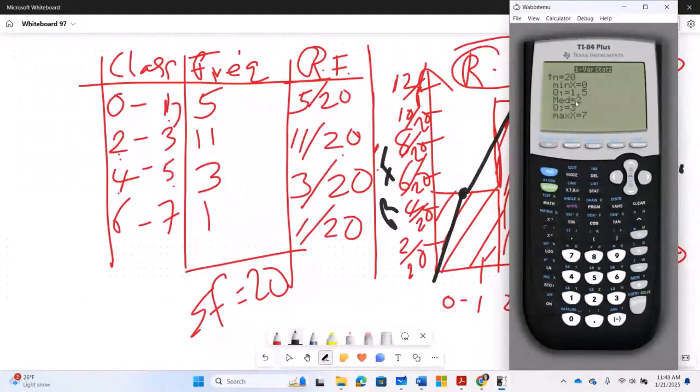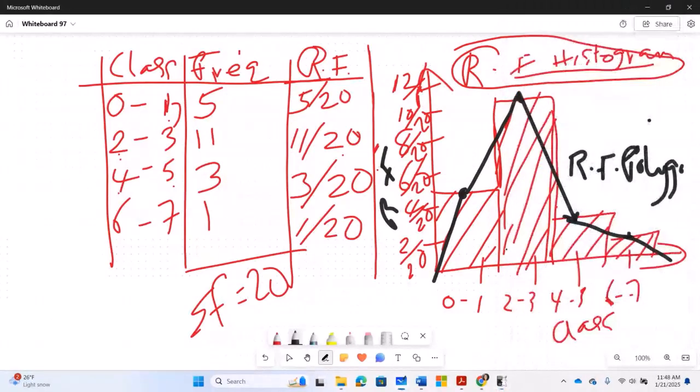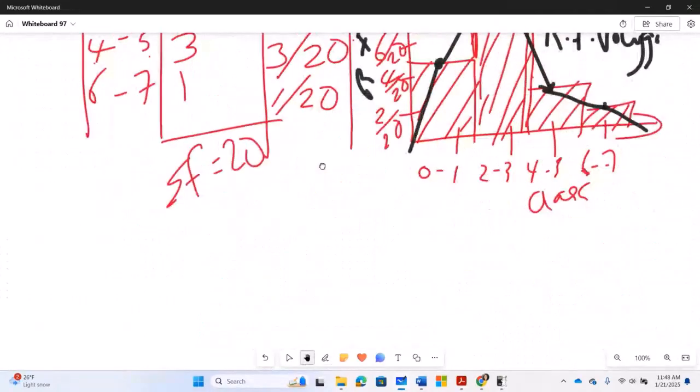In other words, the mean is greater than the median, which means that the data is skewed right. So I'm going to show that this data is skewed right. So I'm going to draw it here.